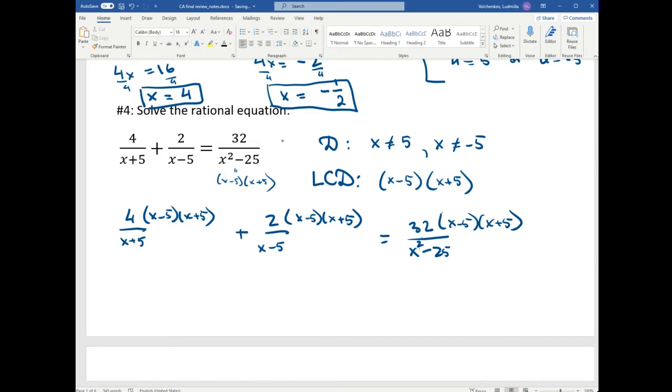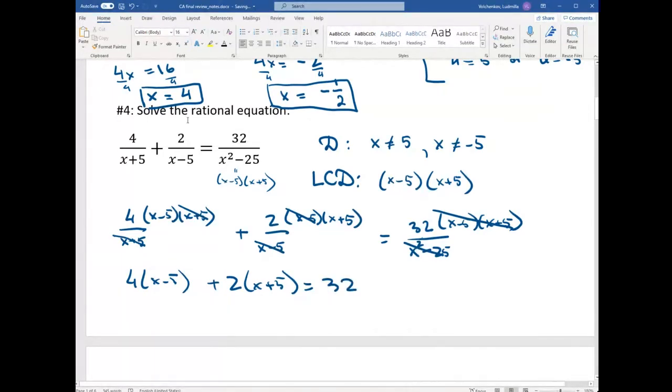And then we cancel out all the denominators. x plus 5 cancels with x plus 5 in the numerator, x minus 5 cancels with x minus 5, and x squared minus 25 cancels with their product. What we have left is 4 times x minus 5 plus 2 times x plus 5, and on the right we have 32.